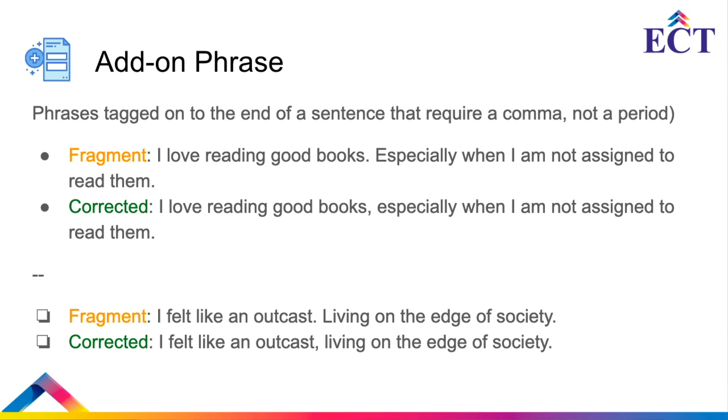We tend to make these mistakes. We add on more information at the end of a sentence, and it requires a comma, not a period, because simply why? Because this, especially when I am not assigned to read them, does not make a complete thought.